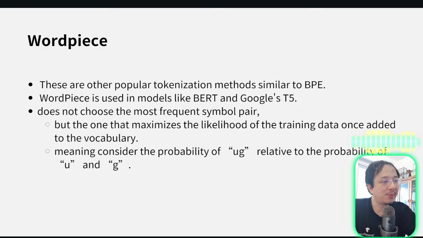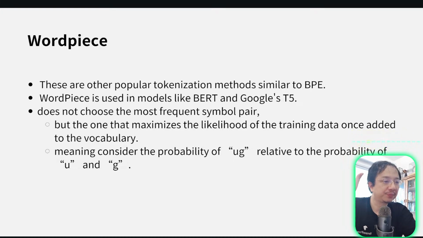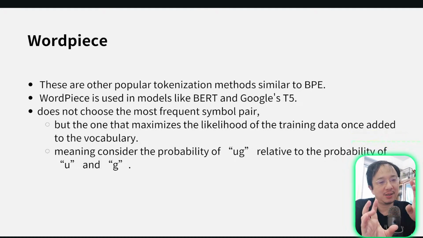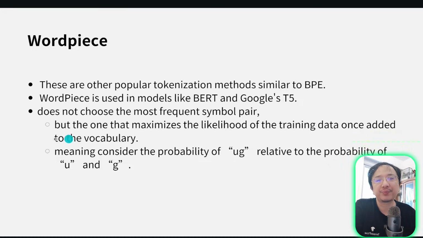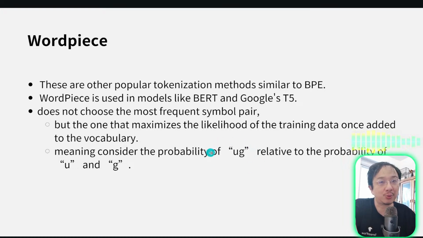But probably it makes more sense to construct a token like XA, for example, because the relative frequency of XA is higher than the relative frequency of TA, comparing to the probability of appearance of X and the frequency of T. So we consider the relative probability of UG relative to the probability of U and G, instead of considering the absolute number of appearance of UG.